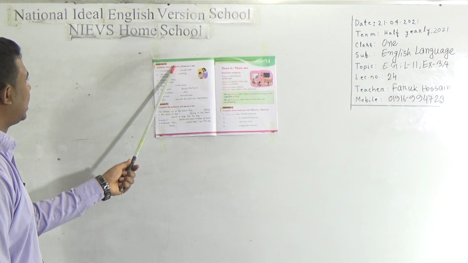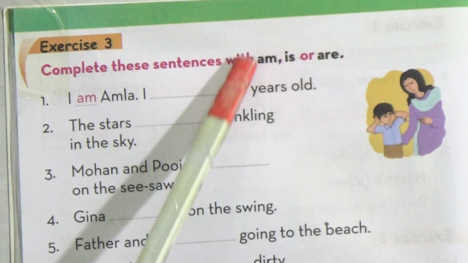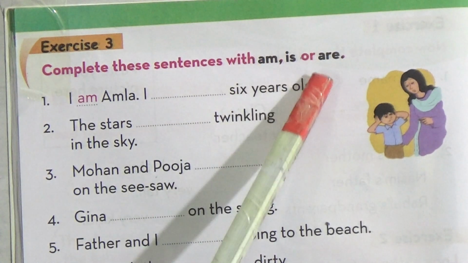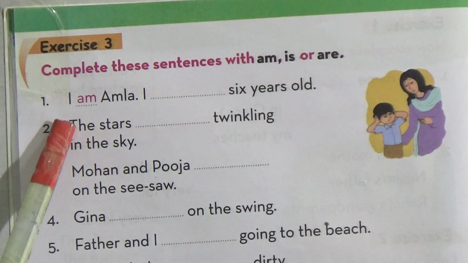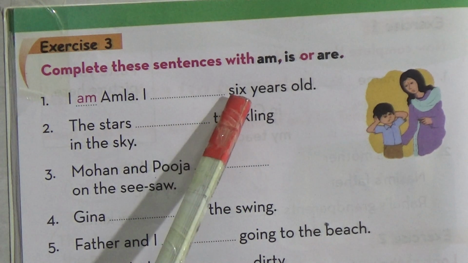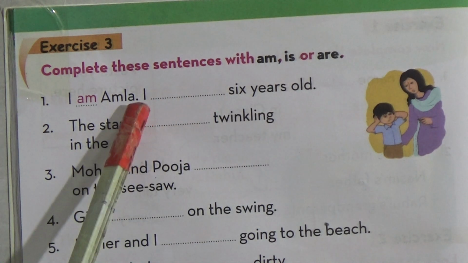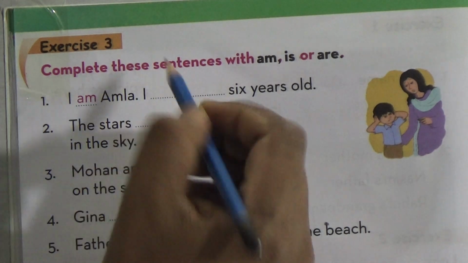This is exercise 3. Complete these sentences with am or is or are. I told you about the uses of these three, so we will solve it now. I am Amla. I am 6 years old. Dear students, I told that for the case of I, we have to use am.